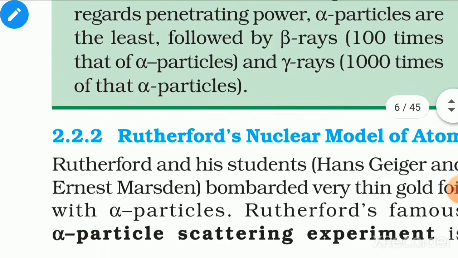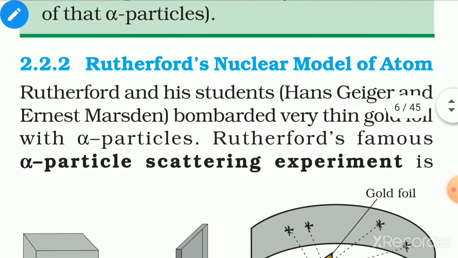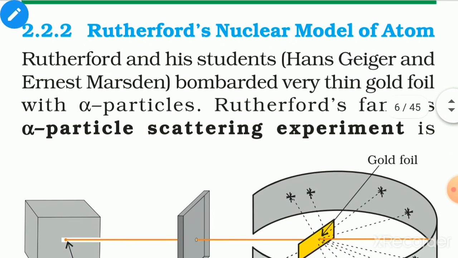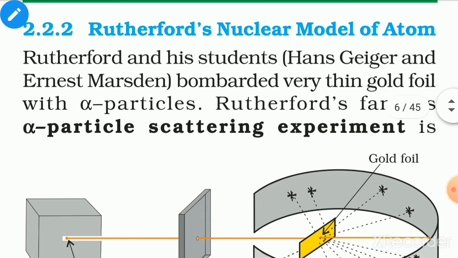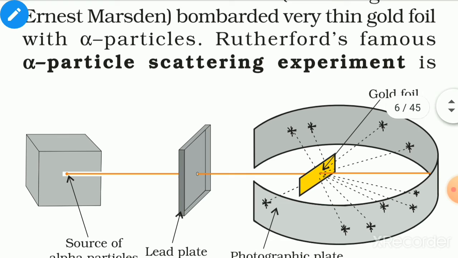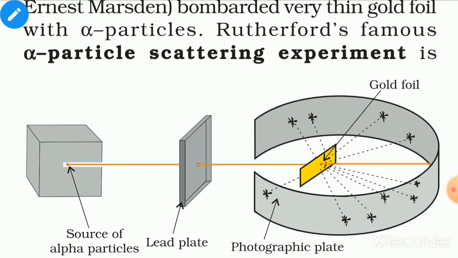After this, Rutherford's nuclear model of the atom came to the scientists. Rutherford and his students bombarded a very thin gold foil with alpha particles. Rutherford's famous alpha particle scattering experiment is as in the figure: source of alpha particles, lead plate and photographic plate.